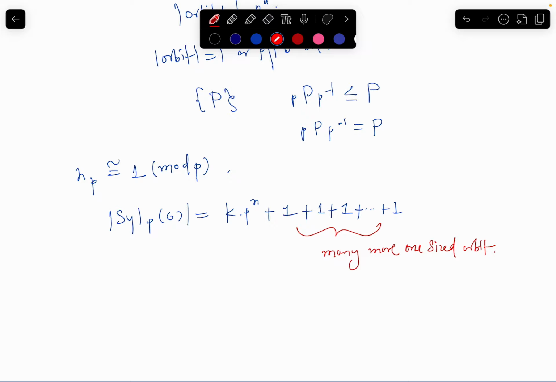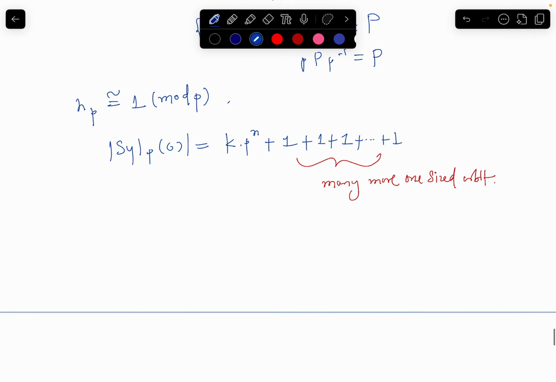If we are able to show that there are not many more one-sized orbits except P, that means there is exactly one orbit of size 1, then we are done, because in that case the number of Sylow P subgroups is kp power n plus 1, and that is congruent to 1 modulo p.